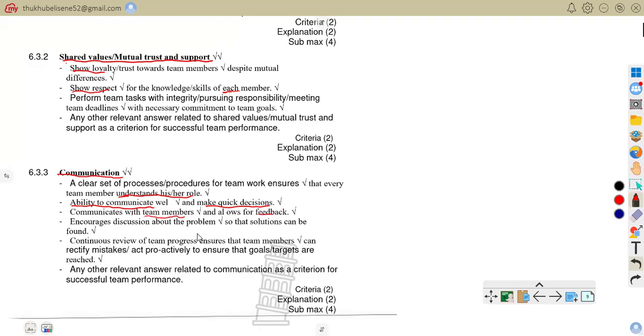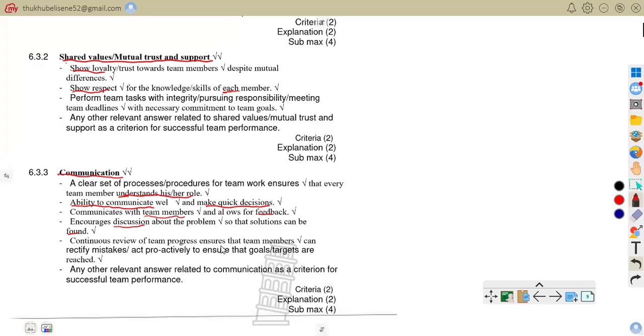Encourages discussion about the problem so that solutions can be found. So make sure that you enable the discussion to take place, because there will be ideas on how the problem is going to be solved. So there will be good quality solutions if you discuss the problem with team members.